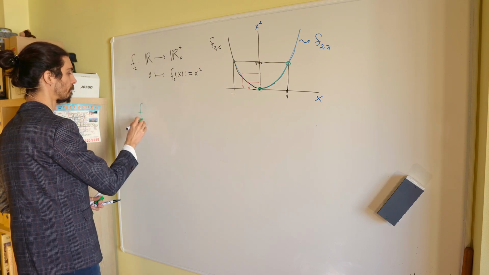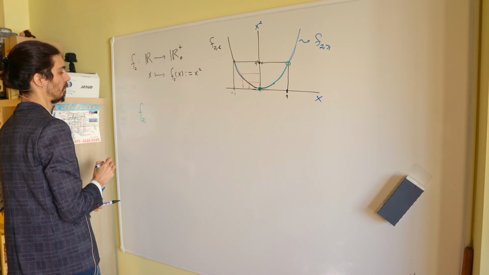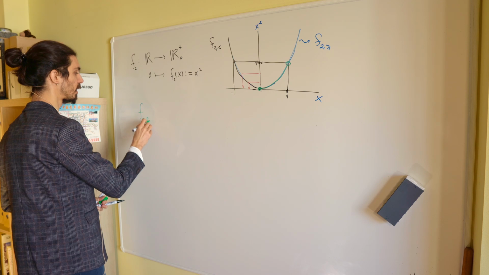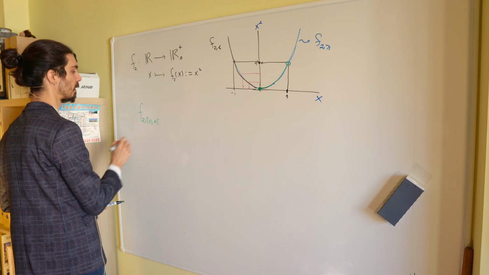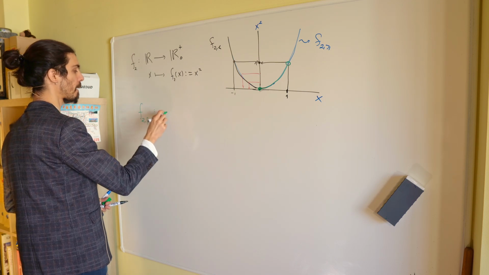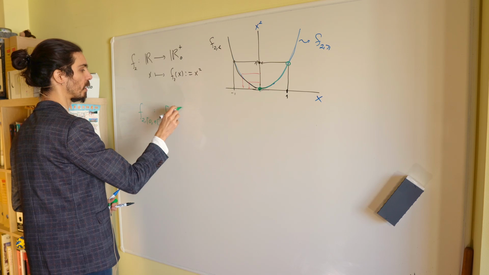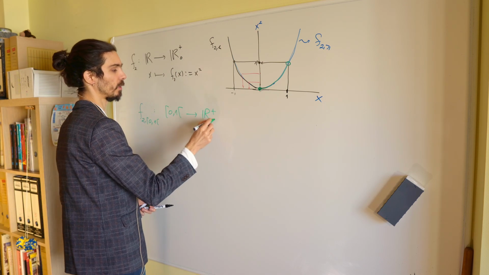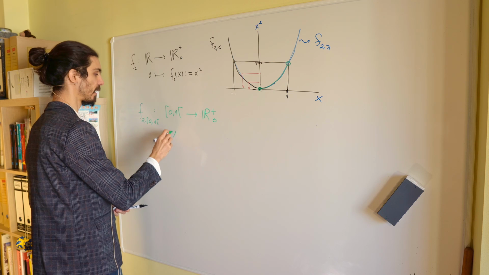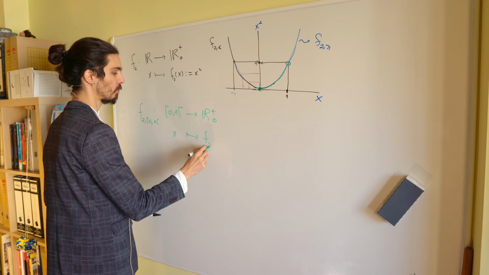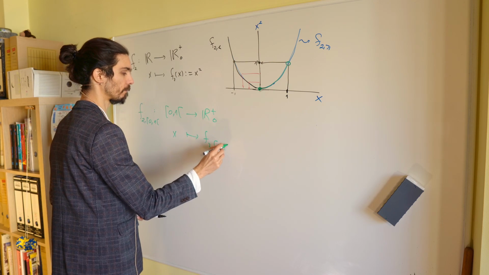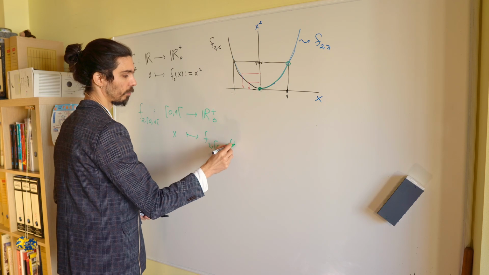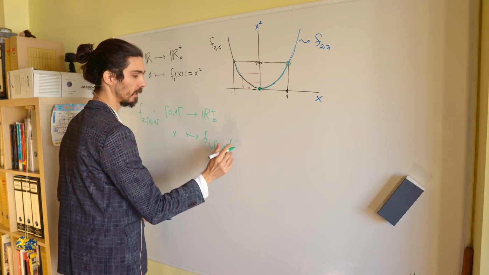So f2, now restricted to the interval 0 to 1 open, will map all the numbers from 0 to 1 open into positive reals or 0, and every x is mapped into f2 of x here.